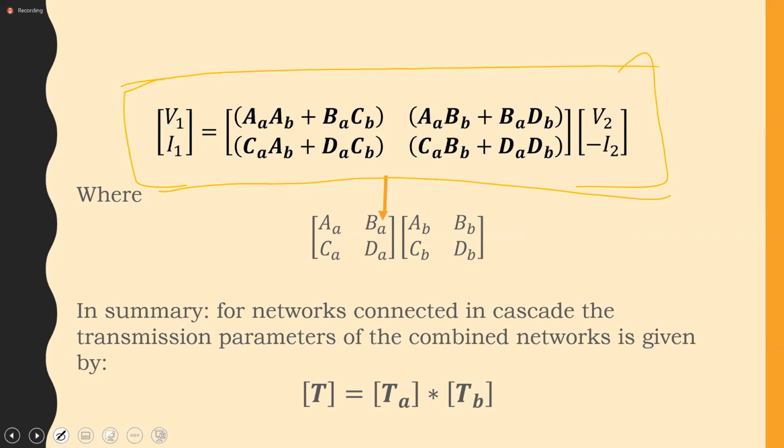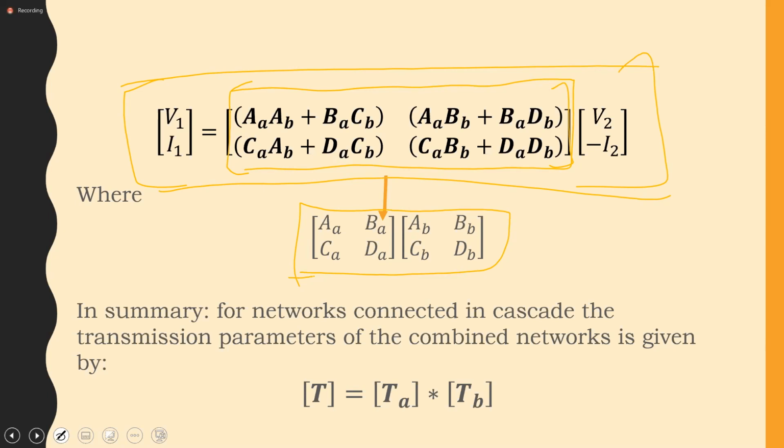And it may not be very obvious, but from this, we see that the overall transmission for the combined networks would be the product of the transmission parameters.